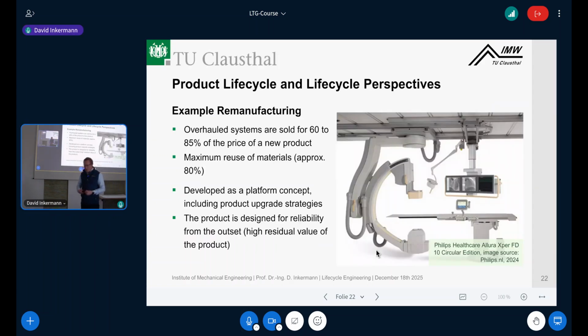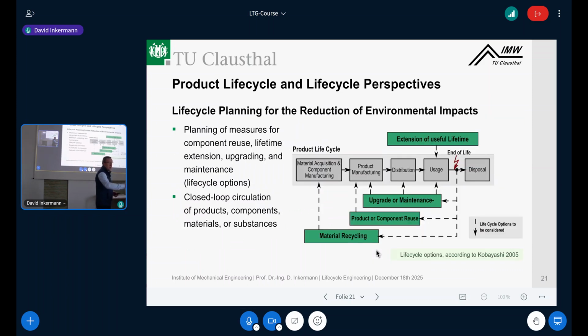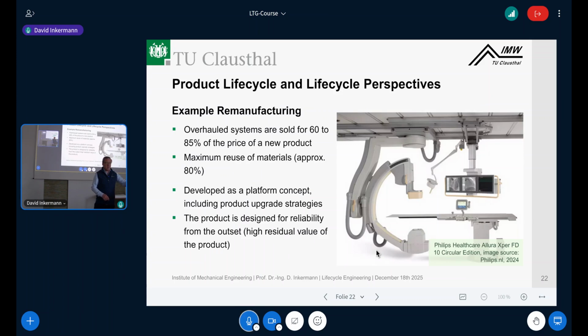Another example where this is already established is with regard to remanufacturing. Let's go back one slide. Remanufacturing here would be in the middle part of the strategies below, so component or product reuse. And aside from the aircraft turbines that we discussed before, another example is given from the medical industry.